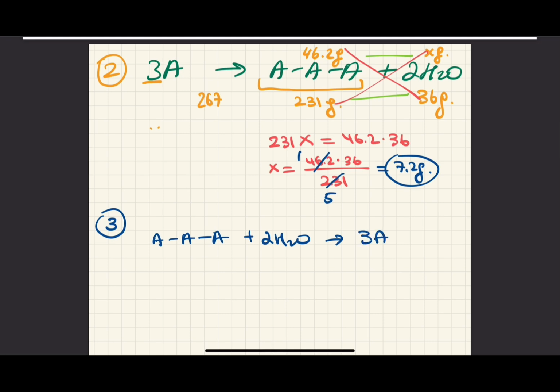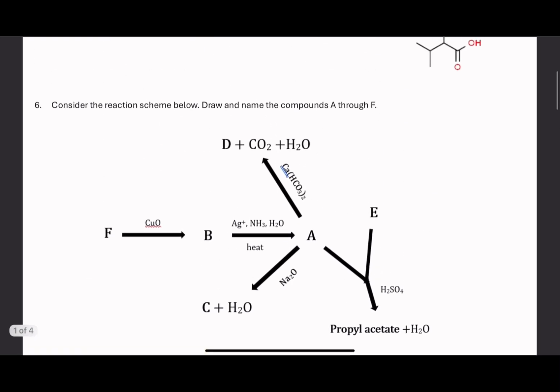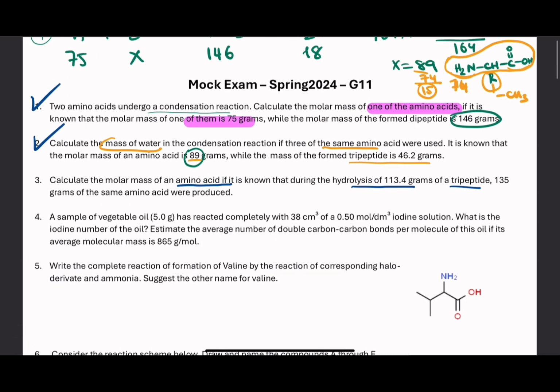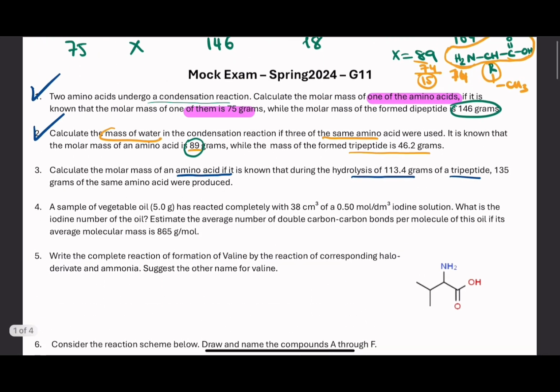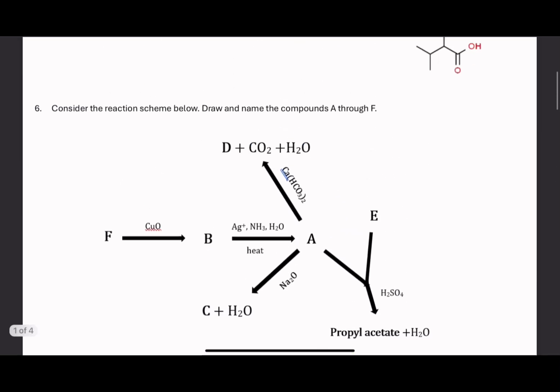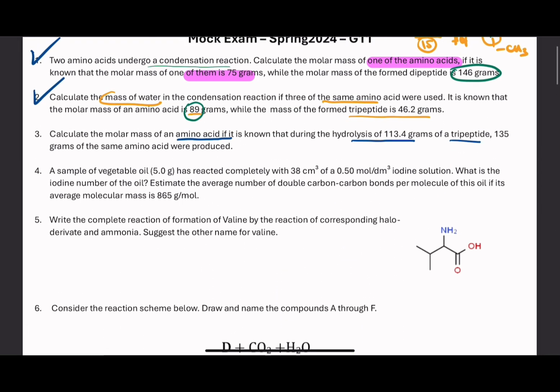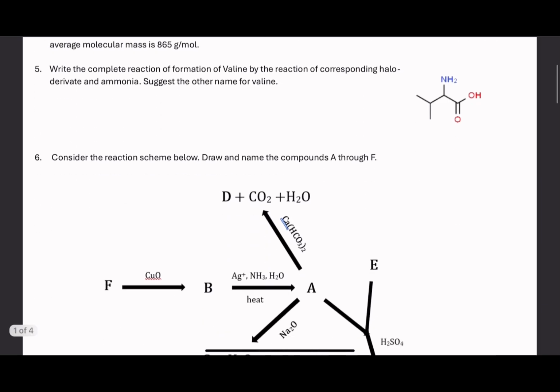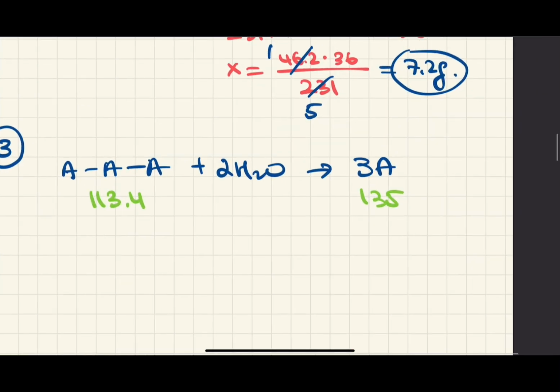Now we know that in this case we're given 113.4 grams of tripeptide, and then we are making 135 grams of that. And they're asking us to find the molar mass of the amino acid. So basically what they want to find out is the molar mass of one of the A's.